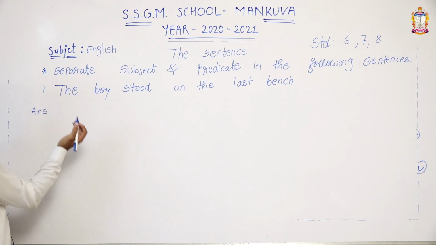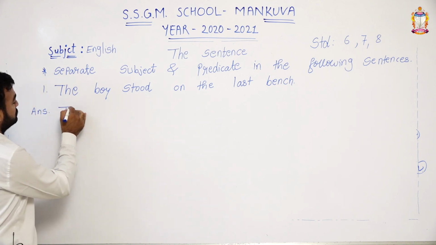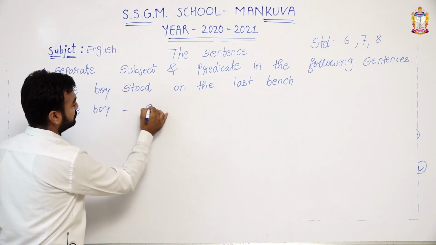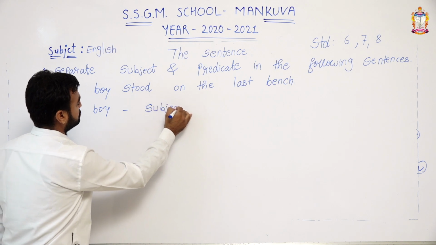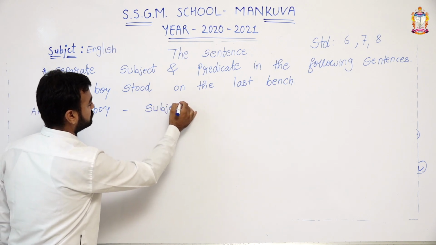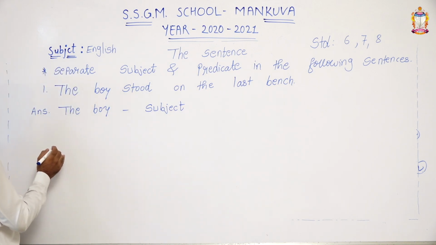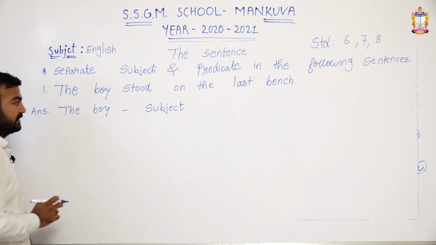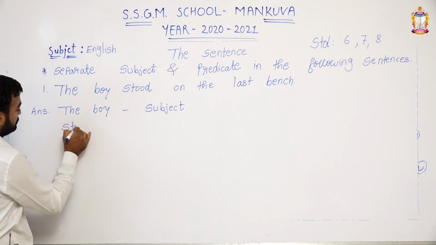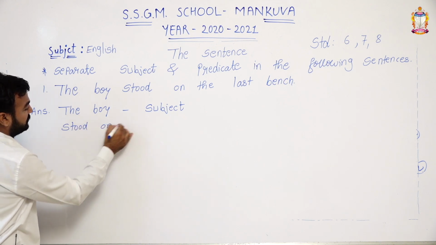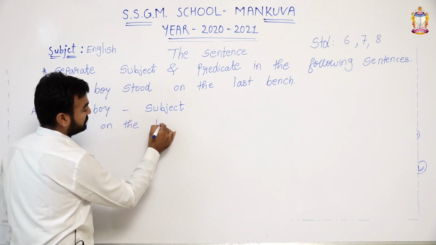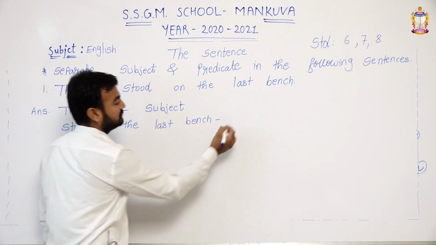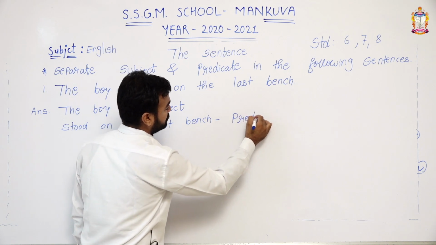Let's say the answer: the boy is called a subject, and the remaining part of the sentence, stood on the last bench, is called predicate.